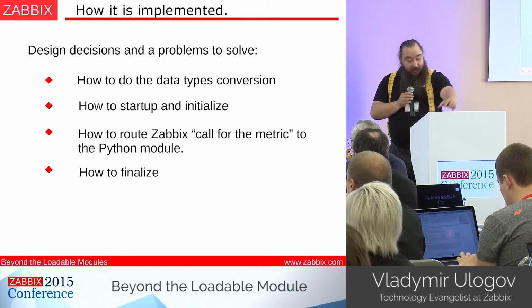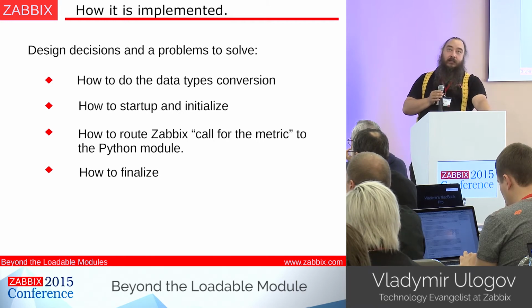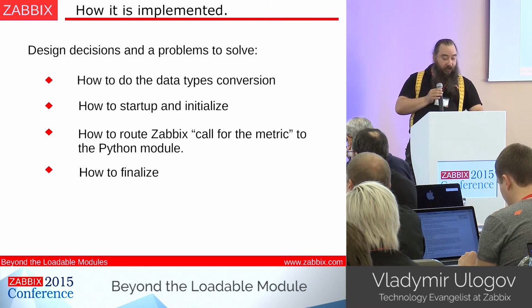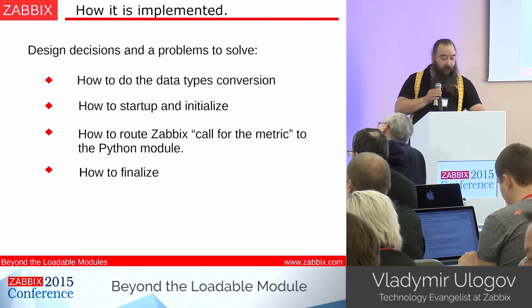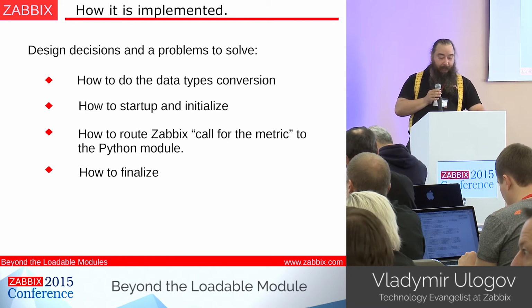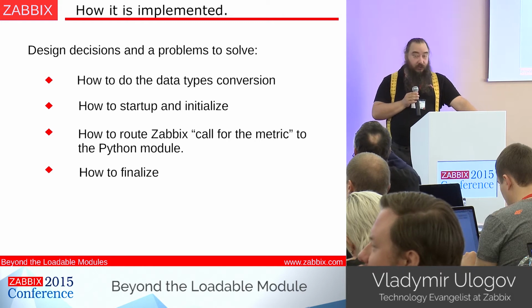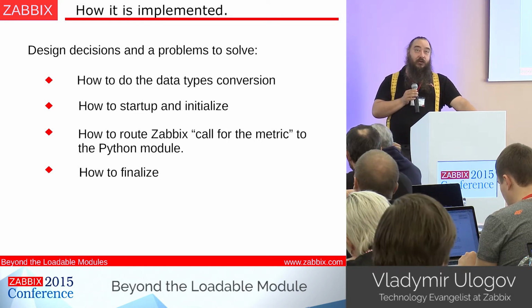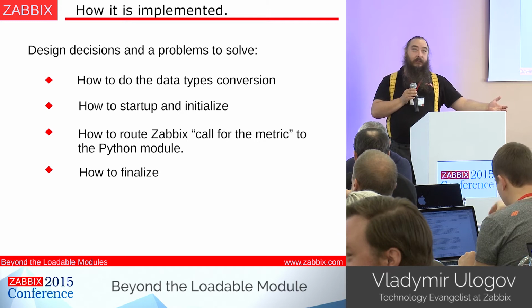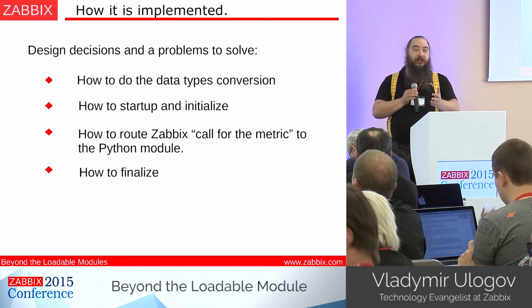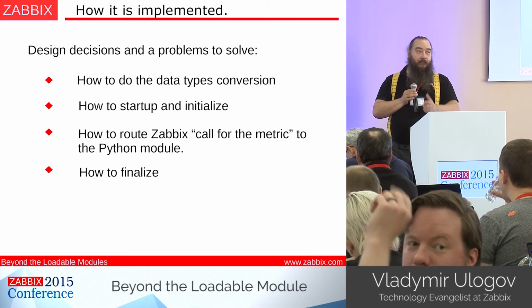So what are the design decisions and the problems we need to resolve if we want to embed pretty much any language, not necessarily Python? First, design decision, how to do the data conversion. Zabbix treats the data one way, and any interpreter, Python for example, treats the data in a totally different way.